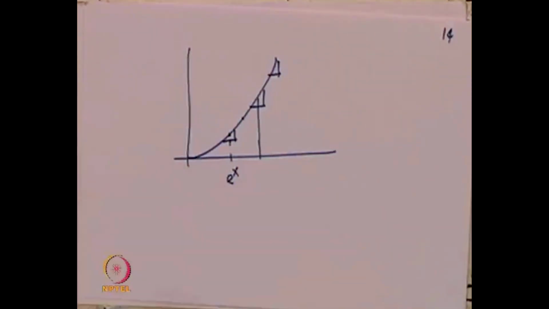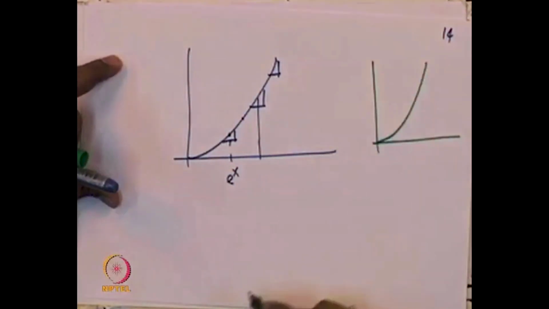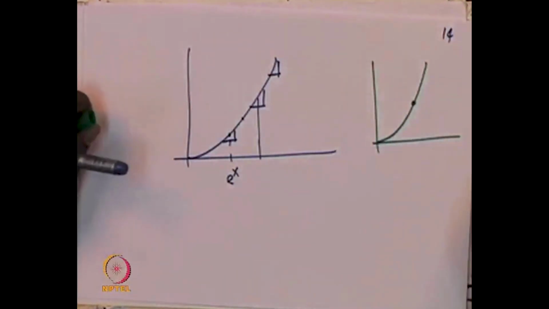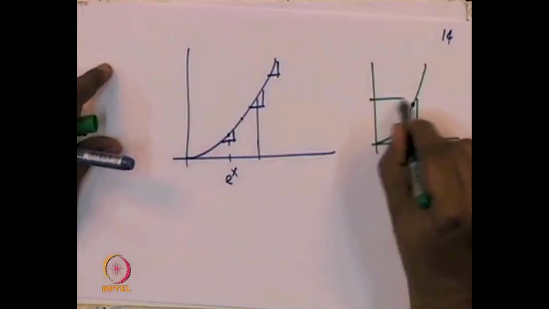You can also try this yourself: draw an exponential curve and calculate the slope at different points. Take a graph sheet, draw e power x yourself, go to a point and calculate the slope there, calculate dy by dx.